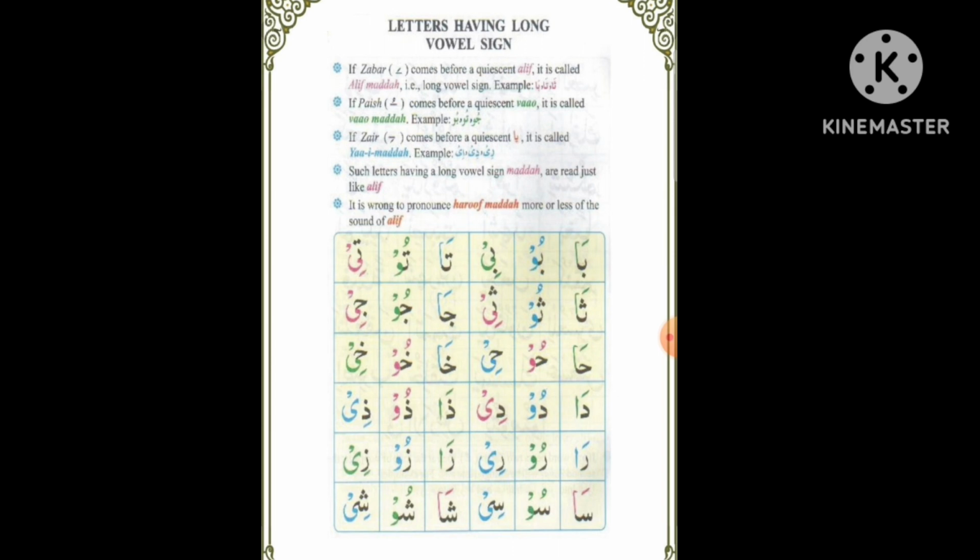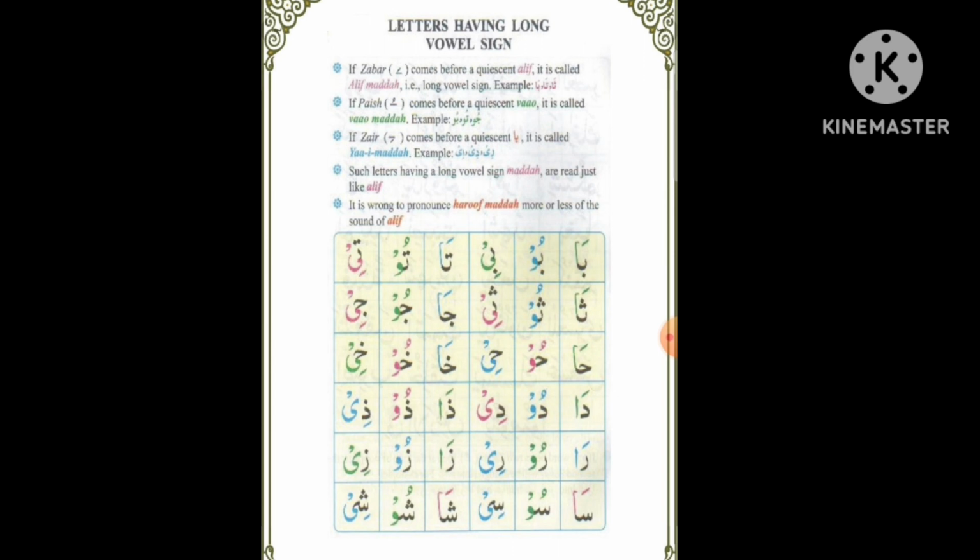So these are the three letters of maddah. What are they? Alif maddah, waw maddah and ya maddah: alif with a zabar before it, waw with a pesh before it, and ya with a zir before it. The first, second and third points say the same.